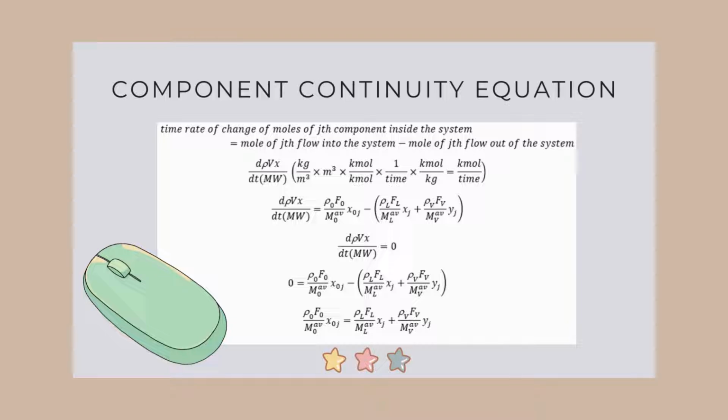The final equation for the component continuity equation would be rho naught F naught over molecular weight naught average times X naught j is equal to rho L FL over molecular weight L average times Xj plus rho V FV over molecular weight average of V times Yj.